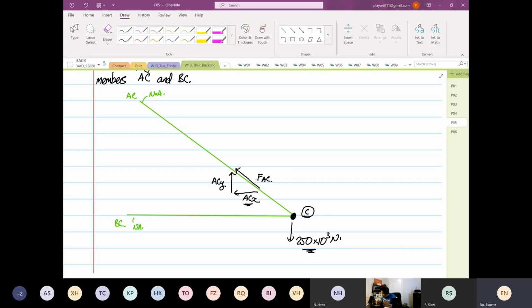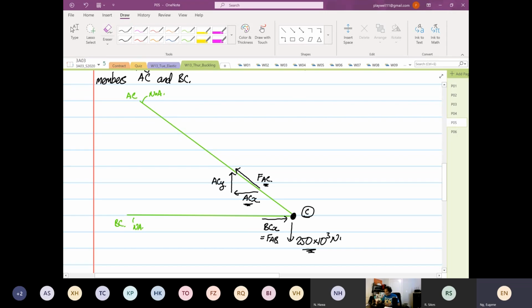Why do we have to have ACX? Because FAC, we need to have the force applying parallel to the neutral axis. So now you have ACX going towards the left. Now we have to counter it, and this is known as your BCX. BCX happens to be also equal to your FAB.